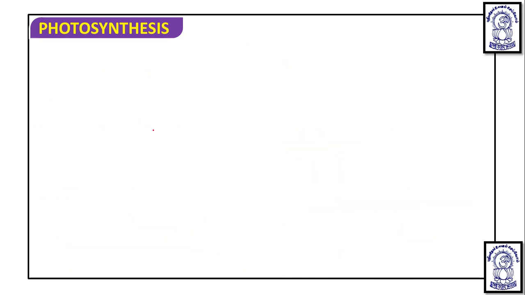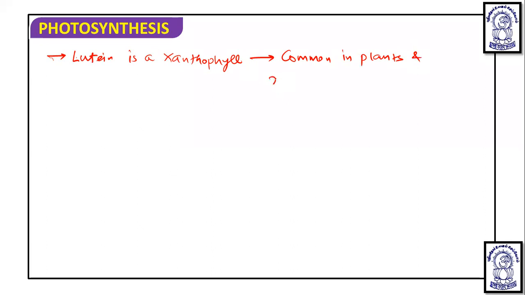In that, we remember that lutein is a type of xanthophyll which is common in plants and responsible for the autumn color of leaf.